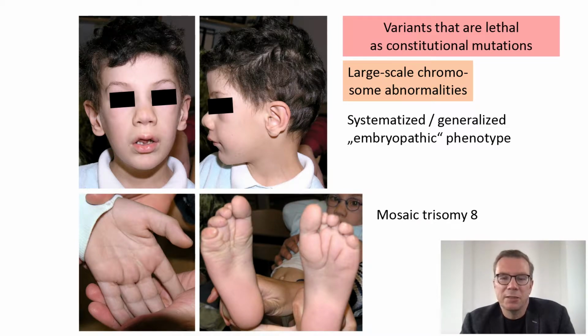Mosaic trisomy 8 is one example of multiple examples with large-scale chromosome abnormalities that do only occur as mosaics. And in this case, you see a multiple congenital anomaly syndrome like in other chromosomal disorders.